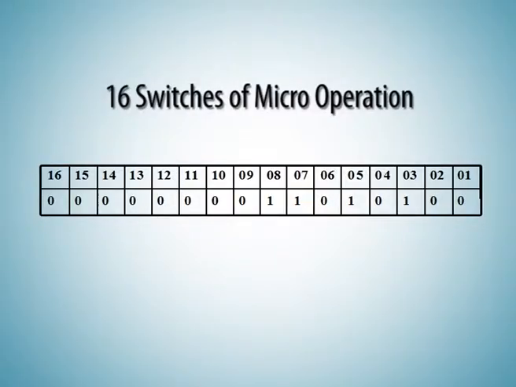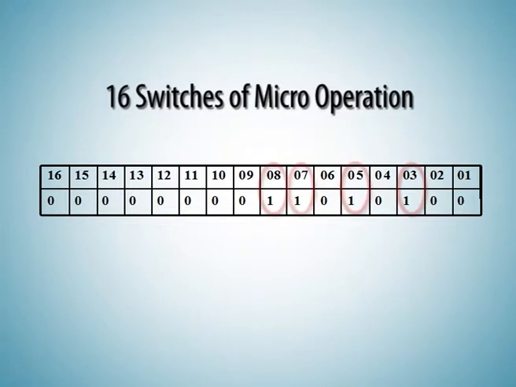For example, in a particular micro operation, if out of 16 switches we want switch numbers 3, 5, 7 and 8 to be kept on and all other switches to be kept off, then the 16 bit number would look like this. It will only show that out of 16 switches, 3, 5, 7 and 8 are on.